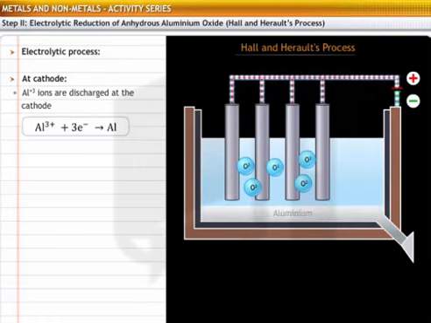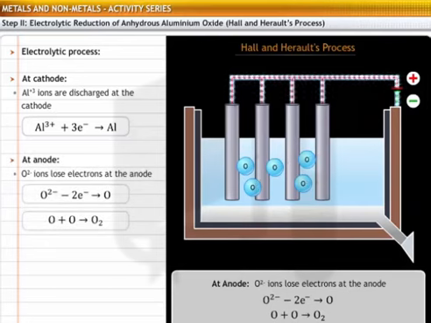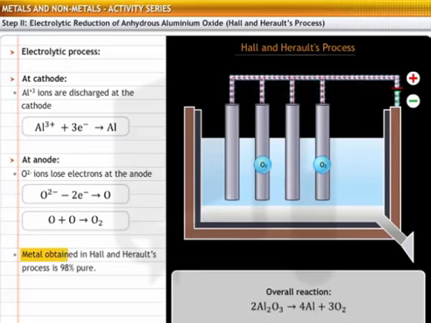The oxide ions lose electrons and form oxygen atoms at the anode. The oxygen atoms combine and form oxygen molecules. The metal obtained after Hall and Héroult's process is about 98% pure. This needs to be purified further.